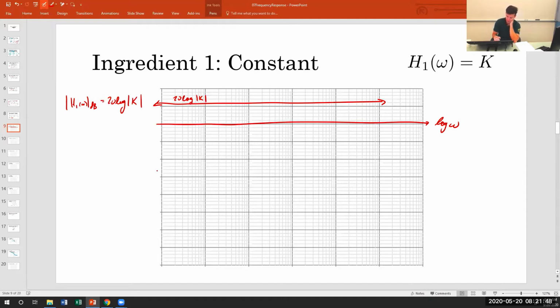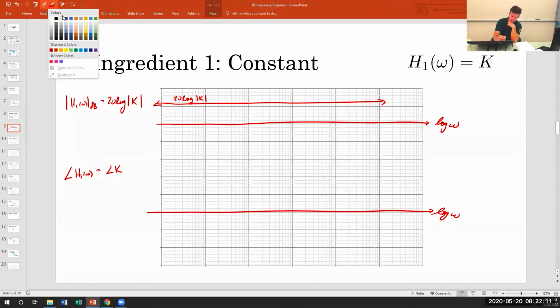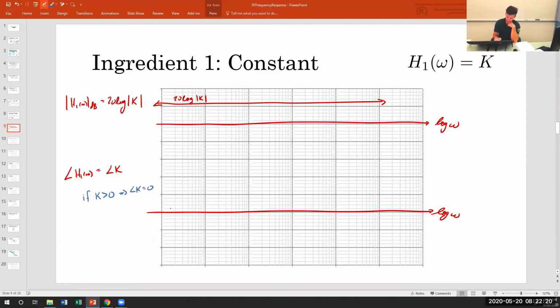The phase is subtly tricky. So the phase angle of H1 is simply the phase angle of k. And so I think that at first blush, we would all say this is 0 degrees. So again, I'll draw the log omega axis here. But if k is positive, then you're right. The phase angle of k is 0. So we get this.